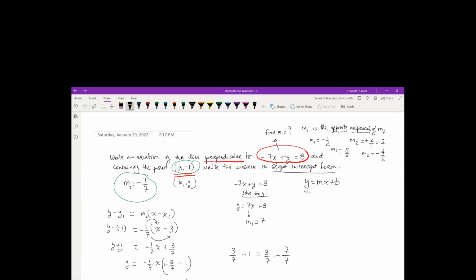The numerator must be 7 because 7/7 is 1. So 3 minus 7 is -4/7. So your final answer should be y equal to -1/7 x minus 4/7. And that's it.